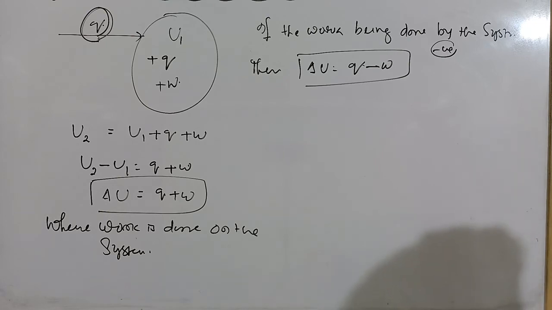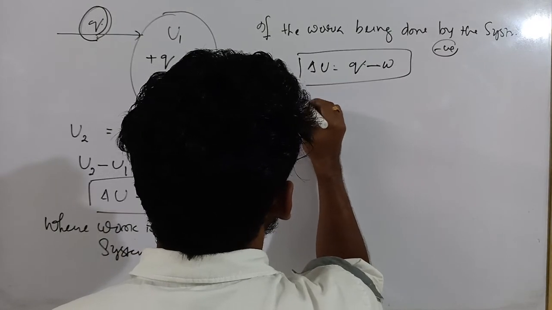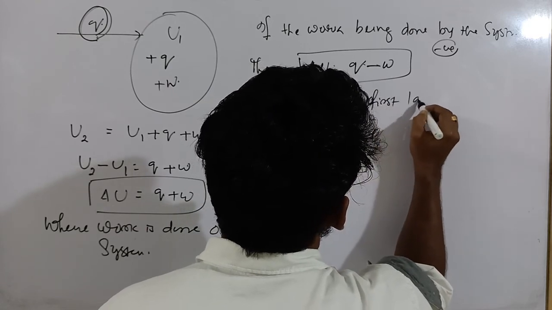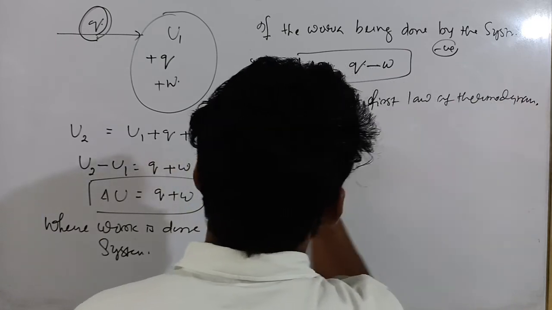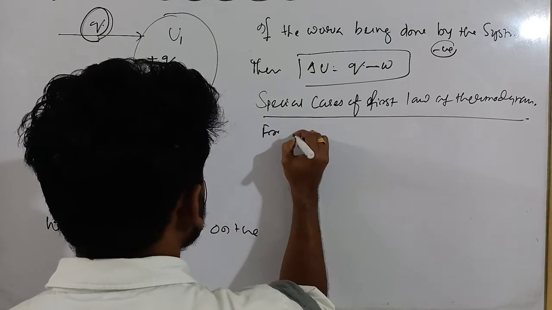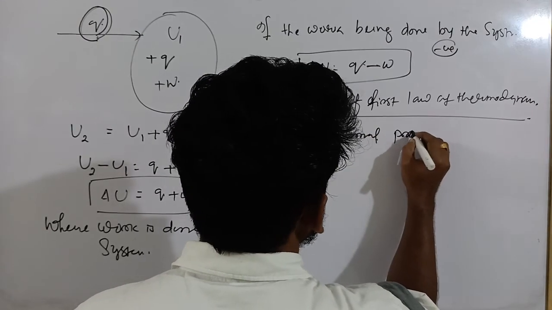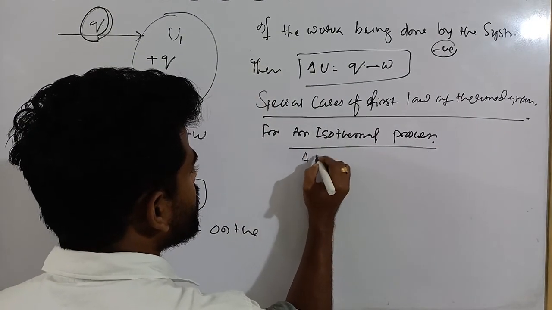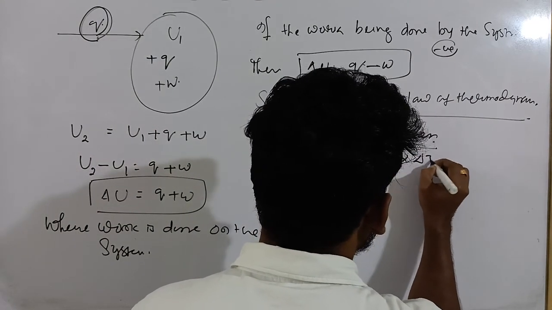Now let us consider the special cases of the first law of thermodynamics. For an isothermal process, just remember, del u is equal to 0, because internal energy depends upon temperature.